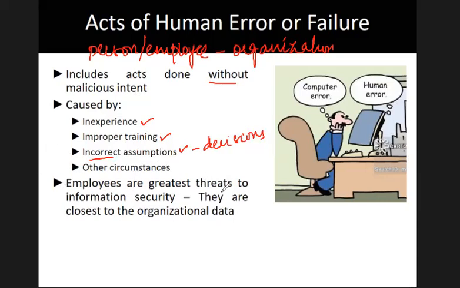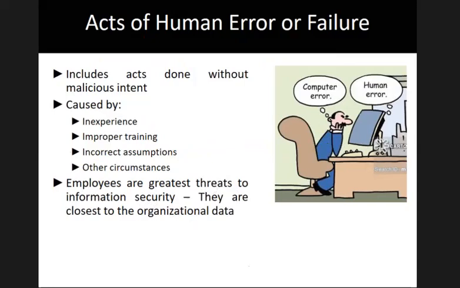The next point is that employees are the greatest threat to information security. They are closest to the organization. Why are employees the greatest threat? An employee within an organization can lead to different types of errors.